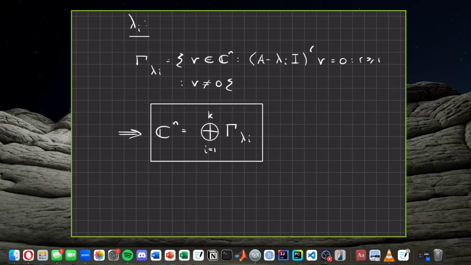Now, what is this saying? If we choose a basis, a set of vectors, that consists entirely of generalized eigenvectors given by (A minus lambda I) to the power r times v equals 0, which exists for each lambda I, then we can obtain a basis for Cn defined by the direct sum given above.